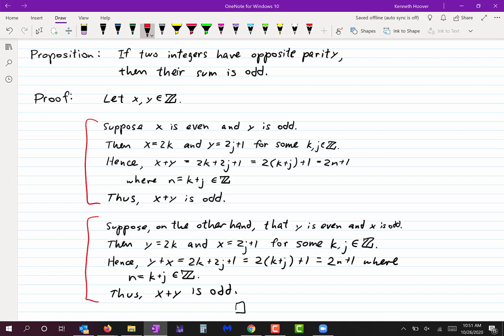They are the situation of one number's even and the other number's odd. They are mathematically identical. There is a difference, but it's not a mathematical difference. It is only a naming difference. Which number did you call the even one and which did you call the odd one? So, because of that, it is not necessary to write out both cases.